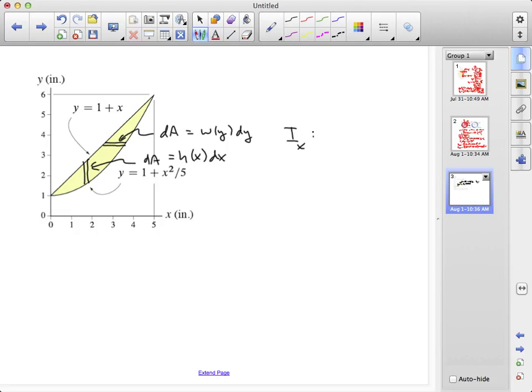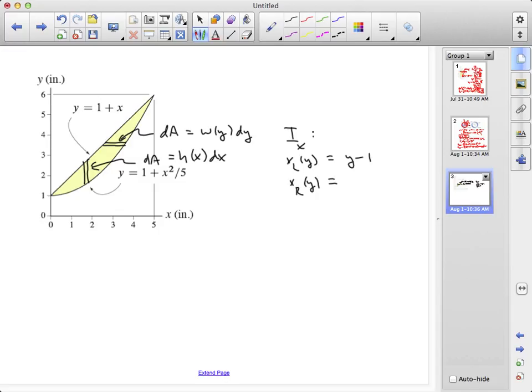For calculation of Ix, we need the width, and here we have to rearrange our expressions a little bit. We've got y as a function of x, but we want to rearrange this as x as a function of y. And so we'll find that for our left bound, we just turn around y equals 1 plus x, so that x is y minus 1.